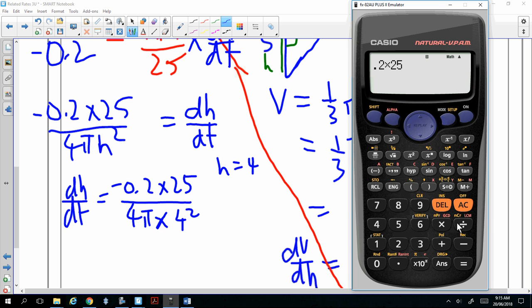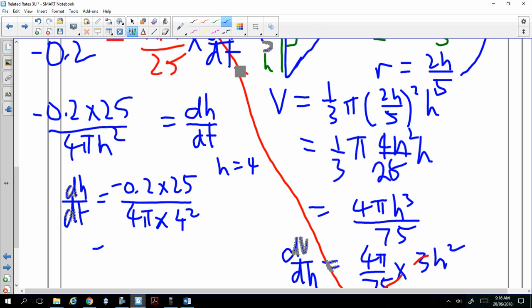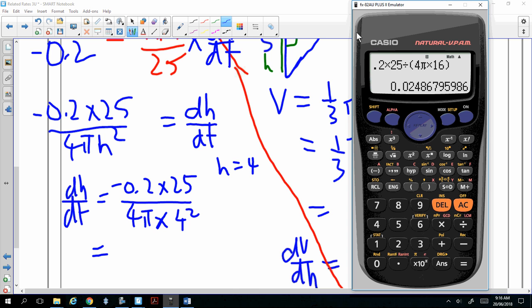Be careful about units: centimeters versus meters. That's in meters. So it equals 0.0249, correct to 3 significant figures.